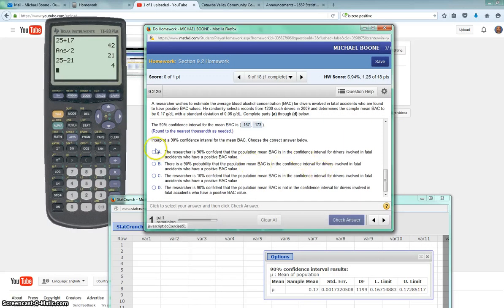And then lastly, what does it mean? So we are 90% confident that the true population mean will be in between 0.167 and 0.173. Again, our sample got us this, so this is a good guess, but we are 90% confident that the true population mean is going to be between these values.